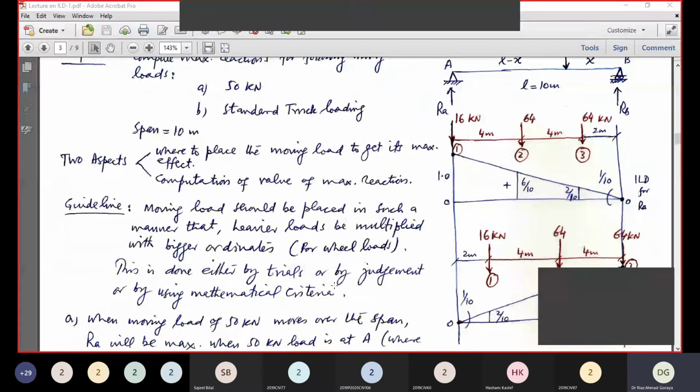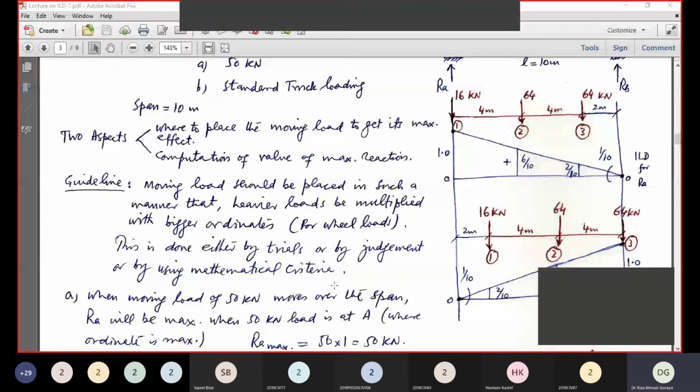Now let's proceed. When moving load of 50 kilonewton moves over the span, RA will be maximum when 50 kilonewton load is at A, where ordinate is maximum. अब देखें यहाँ पे ऑर्डिनेट RA के लिए मैक्सिमम है. जब 50 किलो न्यूटन लोड इधर आएगा तो मैक्सिमम वैल्यू आएगा. इससे पीछे कहीं पे भी उसकी जो पोजीशन होगी वो वैल्यू नहीं आएगी जो इस ऑर्डिनेट पे आएगी. दिस इज वेरी क्लियर, वेरी कॉमन सेंस की बात है ये.